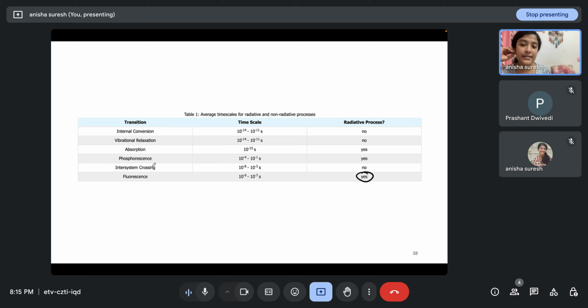Now coming to intersystem crossing and phosphorescence, they are slower because here the transition is taking place from singlet state to triplet state, or triplet state to singlet state, which is forbidden according to the selection rules.